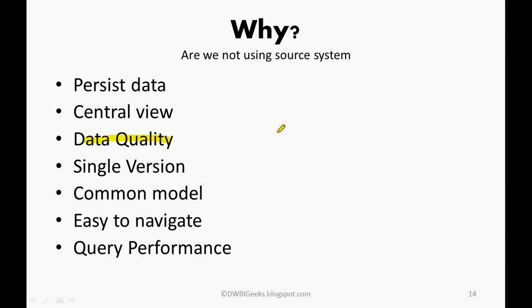If it is a direct OLTP system, we need to query data from both databases, which is a complex process. Whereas in a data warehouse, we are maintaining a single version of data. We are loading data from both the US system as well as the Indian system to a single place. And if we navigate to a product, each and every product will be available there in a queue.